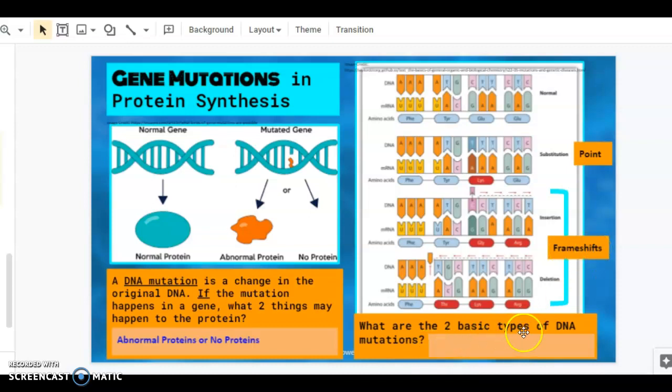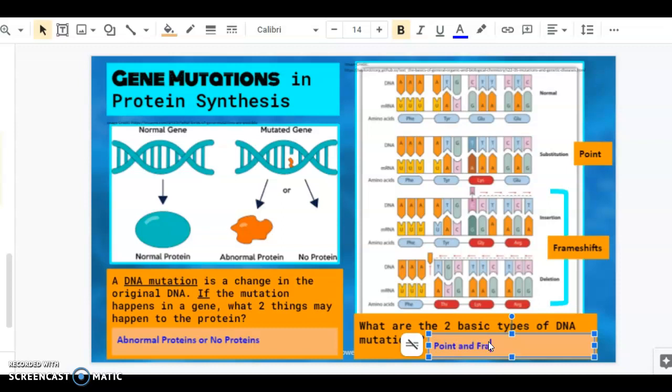So what are the two basic types of DNA mutation? They are the point mutation, also called the substitution, where one base is changed, and the frame shift, where a base is added or deleted from the sequence, which changes the length of the gene.